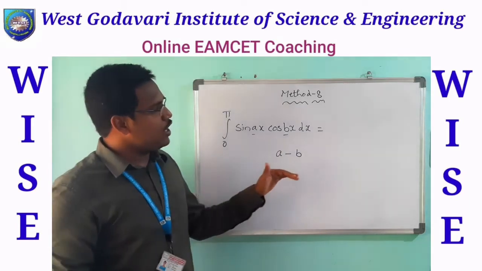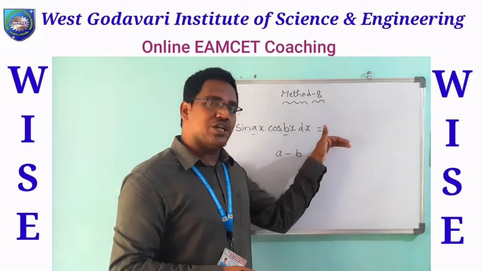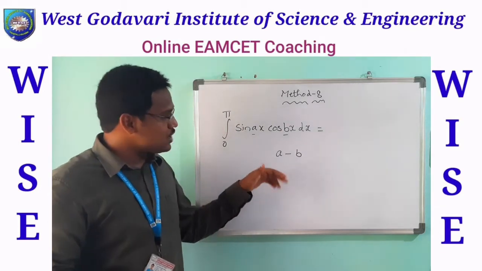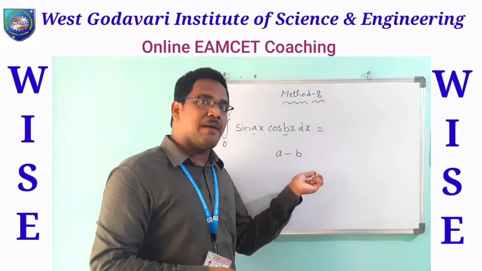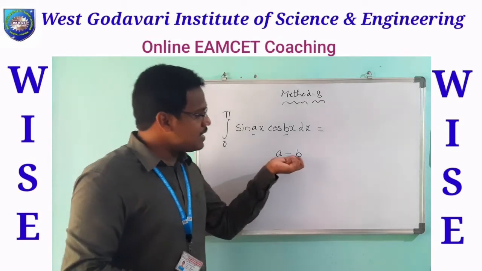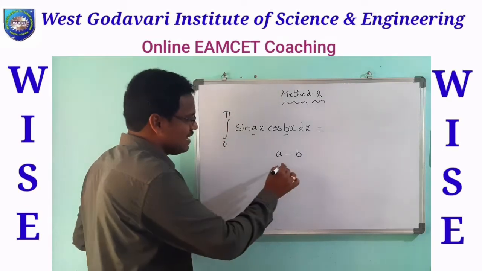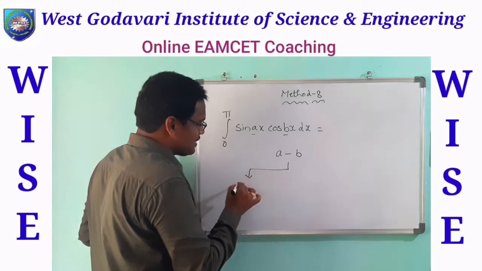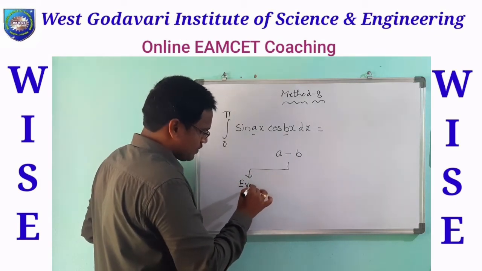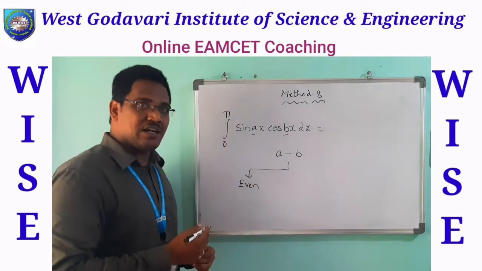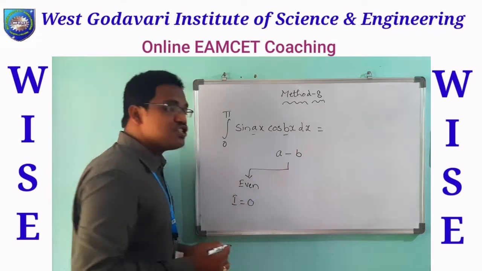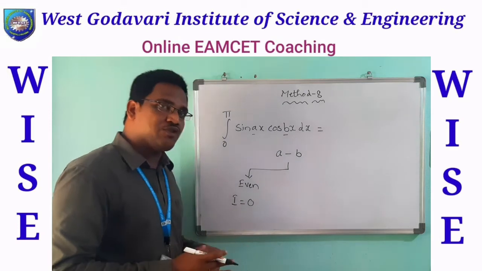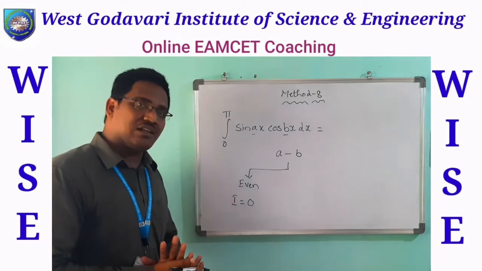Suppose the a minus b result is an even number, so the integration result is equal to 0. Directly we can substitute 0 as the answer.